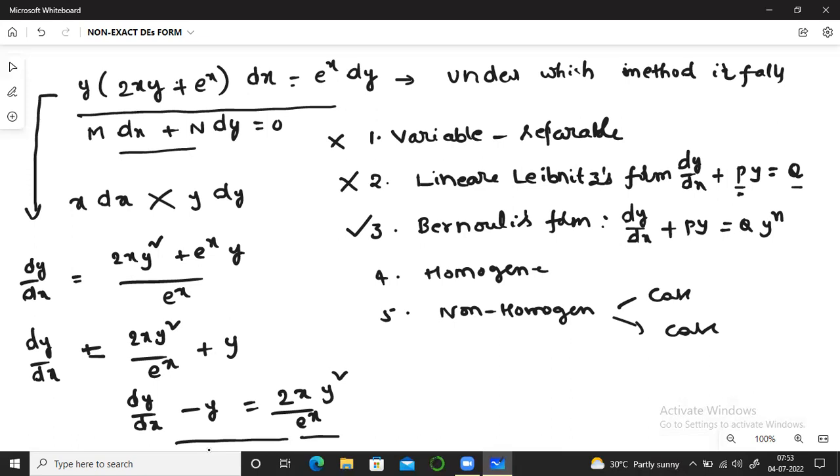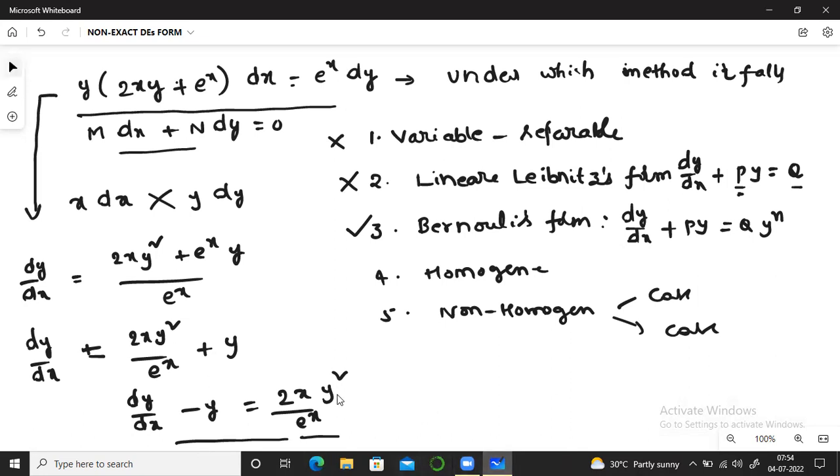Because this question is non-exact form, you can solve by using inspection method, and it is in Bernoulli's form also. So why can't I do it by using Bernoulli's form? You can happily do it, no problem at all. But they should not mention that you have to solve by using non-exact form only or inspection method only. If they ask for inspection method, you have to use it. But generally they don't ask in the examination.